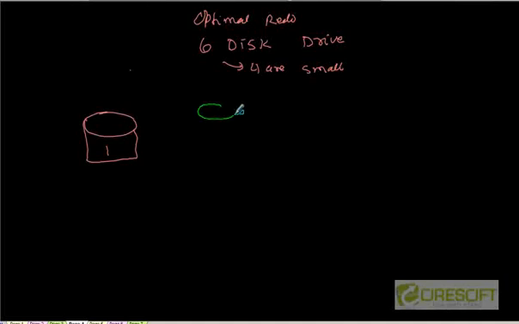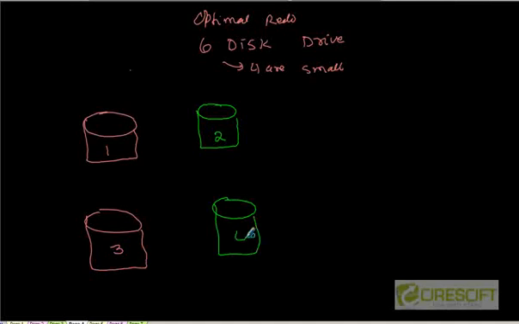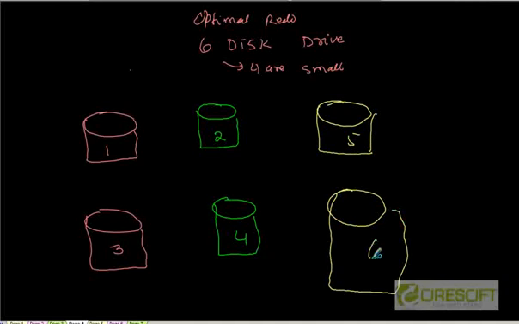So this is my disk 2, and this is my disk 3, and then this is my disk 4, and then I will have another disk, 5, and this is a little bigger.